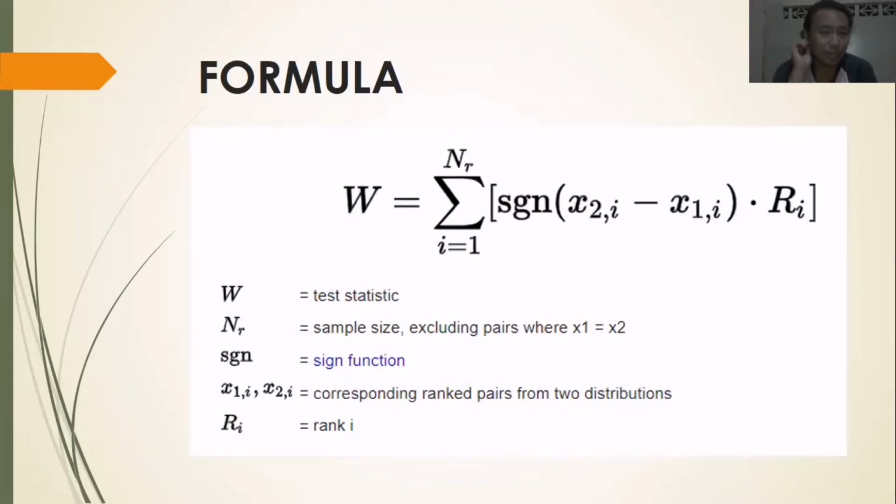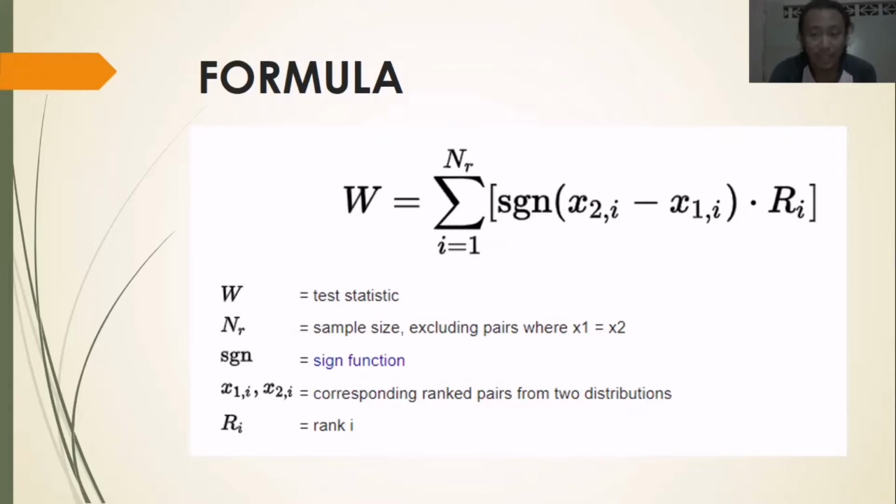And we have this formula. W is equal to the summation of the sign multiplied by the rank. This is x sub 2 minus x sub 1: we get the difference between the first situation and the second situation, the pre and then the post.